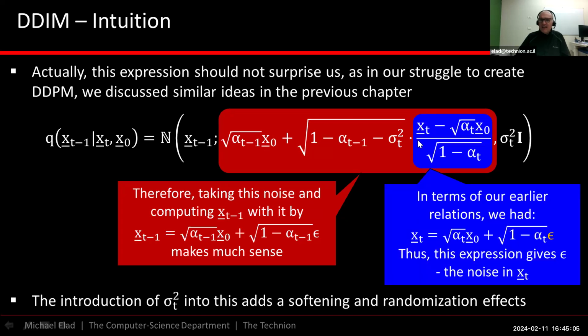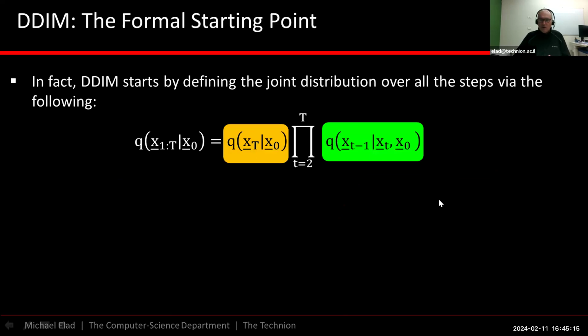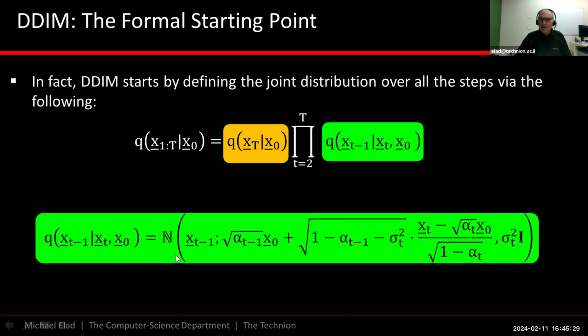So this is the expression they suggested. In fact, what they suggested is something broader. So let me now take you to the broader picture of what they suggested. They said the following. If I want to define the forward process, then I need to show you how from the clean image, I'm creating the whole chain of images. And they wrote this expression. The green parts are exactly the ones we have seen before.